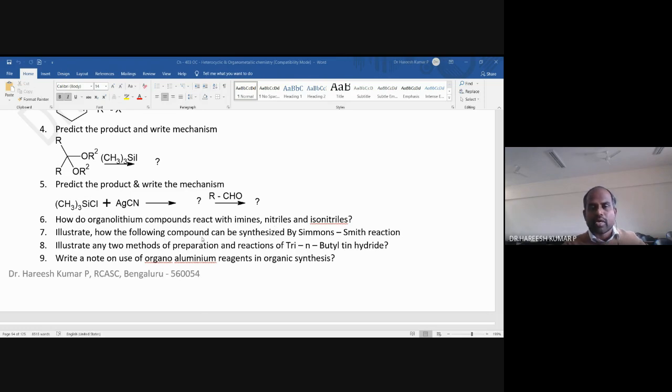Illustrate how the following compound can be synthesized by Simmons-Smith. So here, I need to give compounds, maybe I will include them. Here you can take any Simmons-Smith products, and how these are obtained.